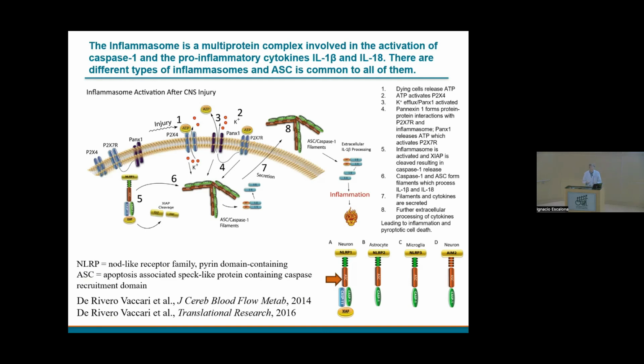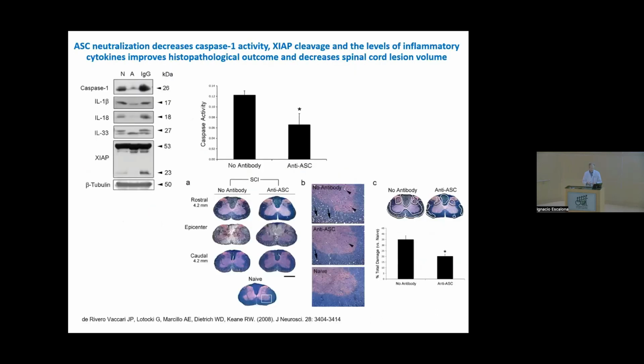And so we developed a series of antibodies that block this ASC from forming, and therefore block the activation of the inflammasome signaling cascade. So back in 2008, we first looked at inflammasome signaling after spinal cord injury. You see the Western blots there. You give this antibody, and it seems to decrease histopathological damage and improve upper extremity function. So that was kind of exciting.